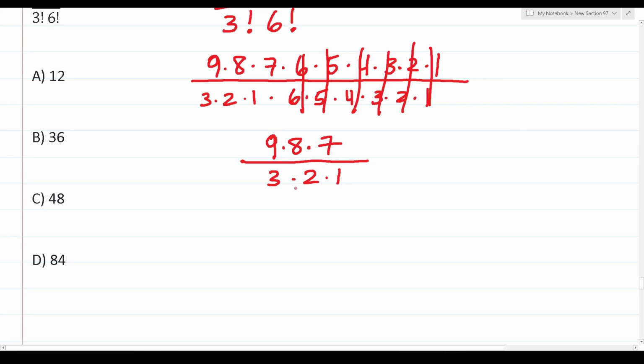And even this is a little difficult to work out because 9 times 8 times 7 will give you a big number. So let's see what we can do here. I can say 3 goes into 3 one time, and 3 goes into 9 3 times. Likewise, I can say 2 goes into 2 one time, and 2 goes into 8 4 times. So this becomes 3 times 4 times 7 over 1 times 1 times 1.